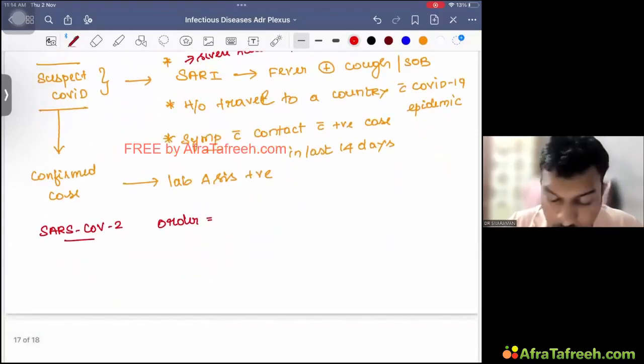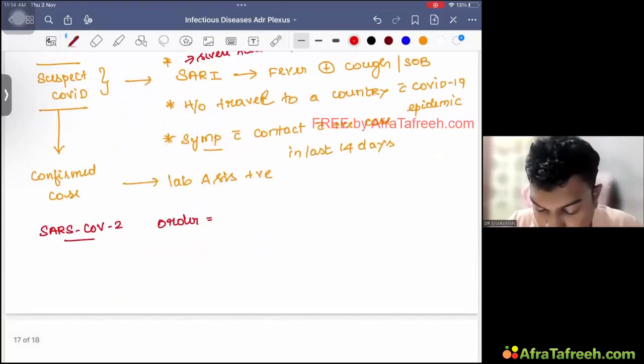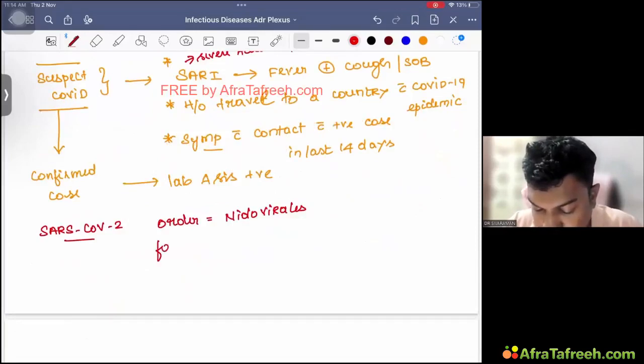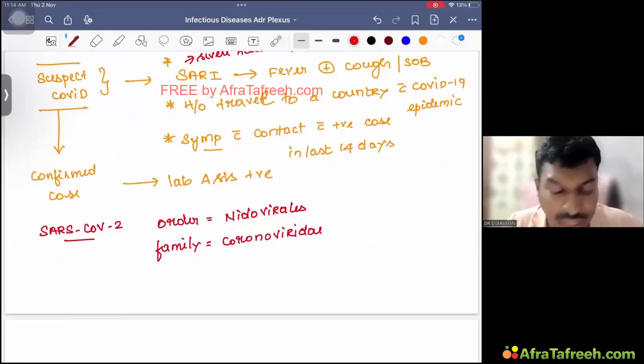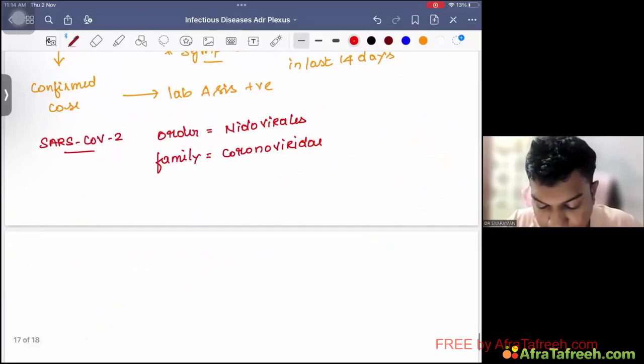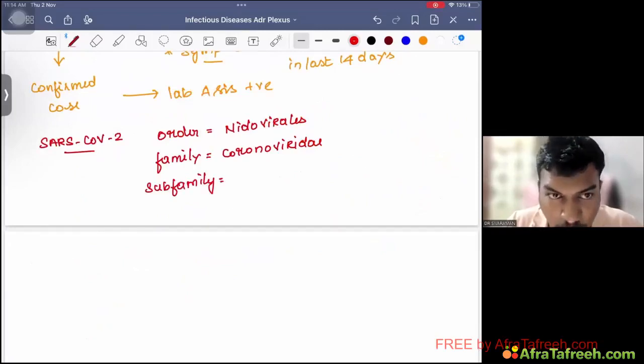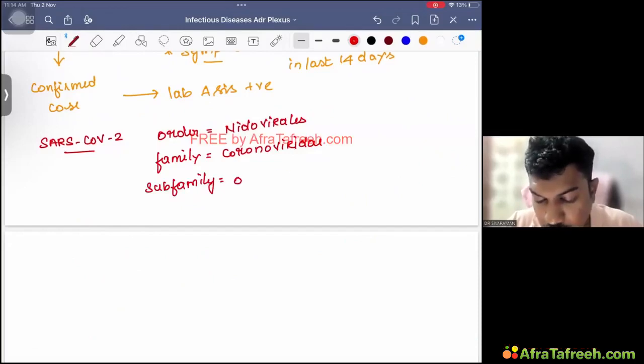It belongs to an order called Nidovirales, to a family of viruses called Coronaviridae, and a subfamily Orthocoronaviridae.